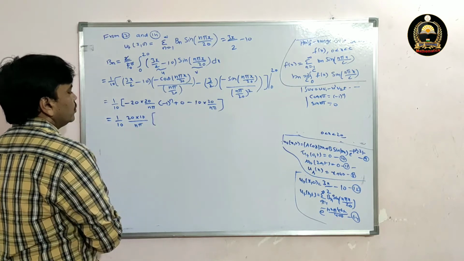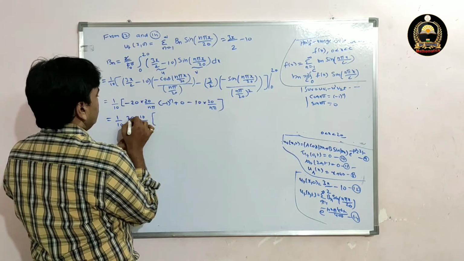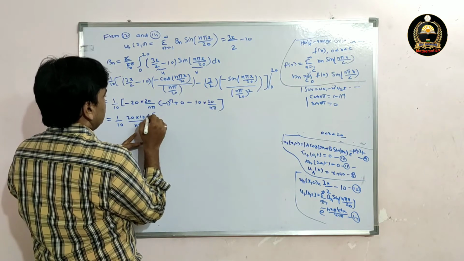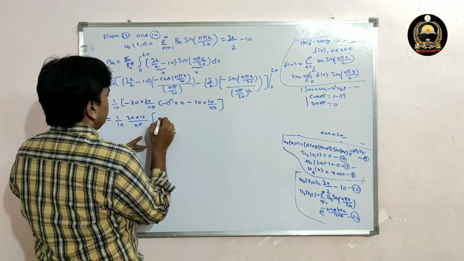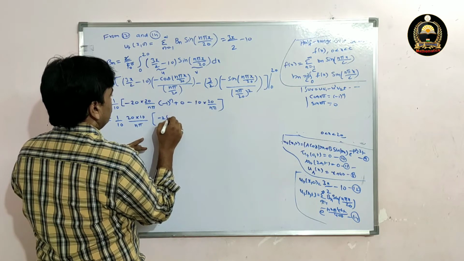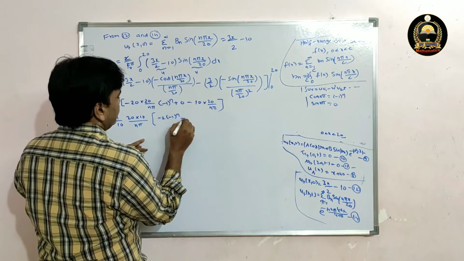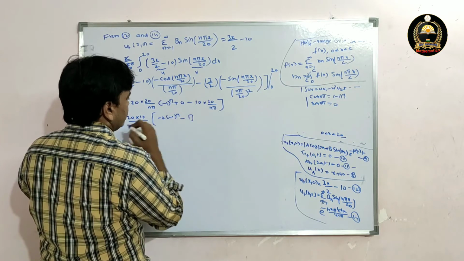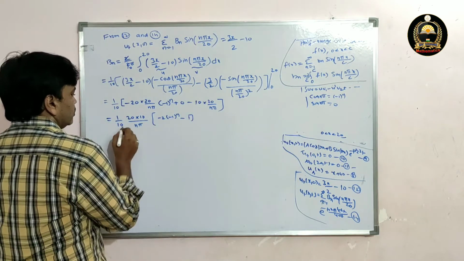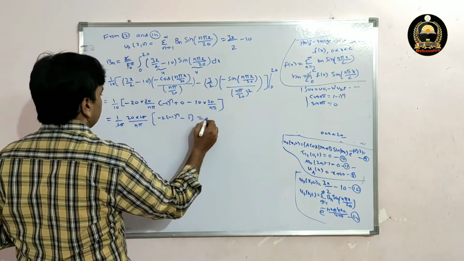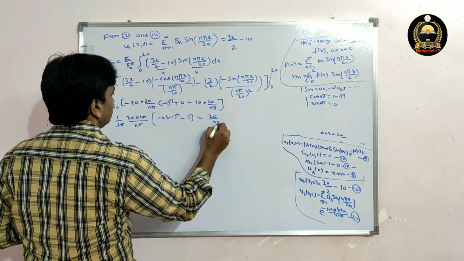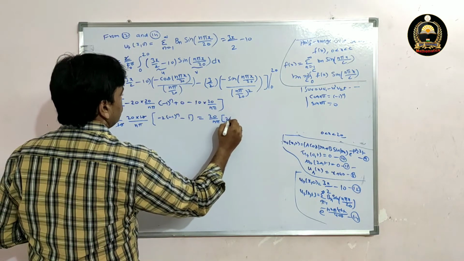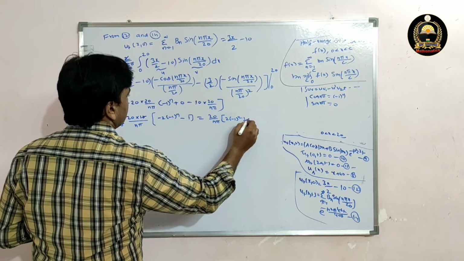That is into, 20 already 10, so 10 means 2 minus 1 whole power n, minus 20 already taken common by n pi, so we get minus 1. So 10 cancels. That is equal to 20 by n pi times 2 minus 1 whole power n minus 1 minus 1.